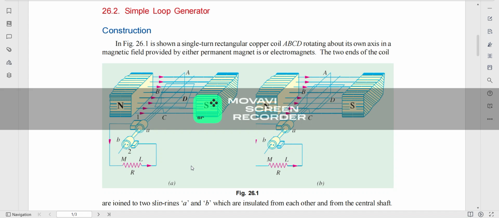Good morning, students. Today in this class, we are going to study the working principle of the DC generator. As we already know, an electric generator is a machine that converts mechanical energy into electrical energy.